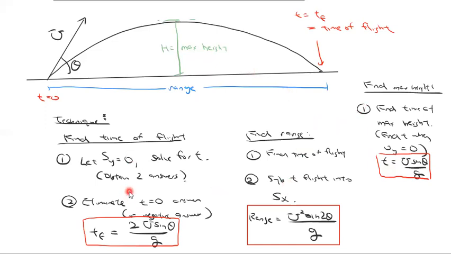All right, so find time of flight at max height, and then sub that time into your Sy, and then you'll find that H must equal u squared sine squared theta over 2g.